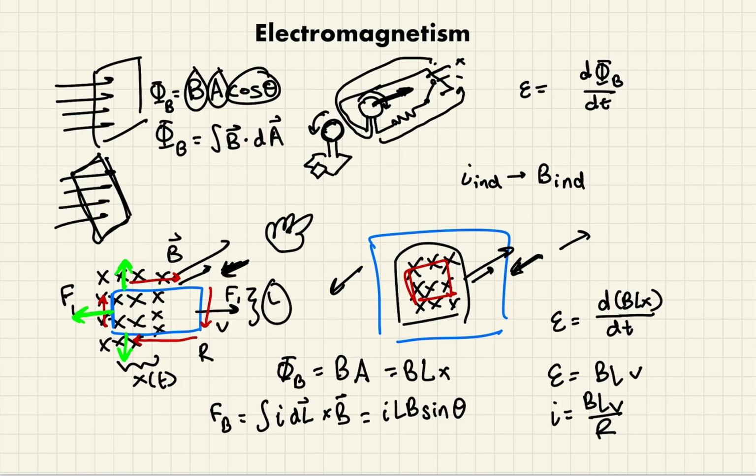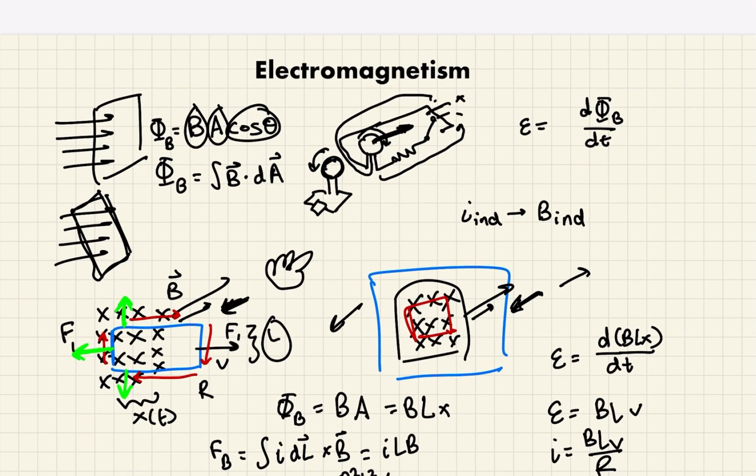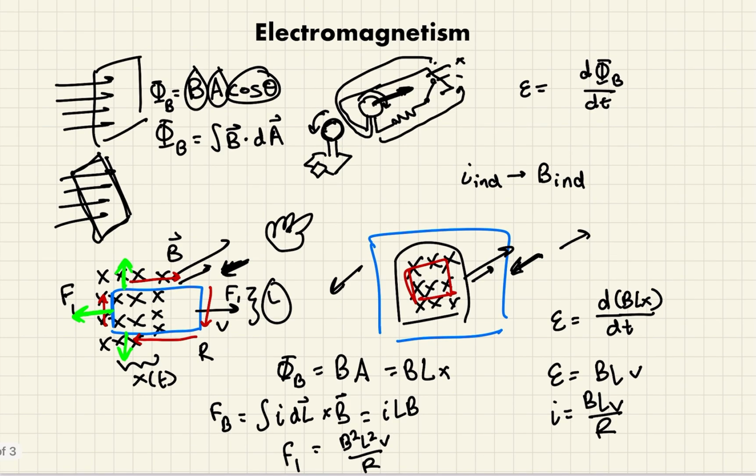Sine of 90 is 1. So we don't need a sine theta. So the force is equal to ILB. We know L and B are constants that are given to us. I is equal to BLV over R. So you just multiply this by BL, and you're going to get force, F1 we called it, is equal to B squared L squared V over R. So that's the force.